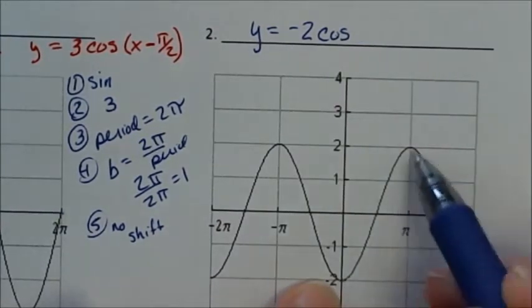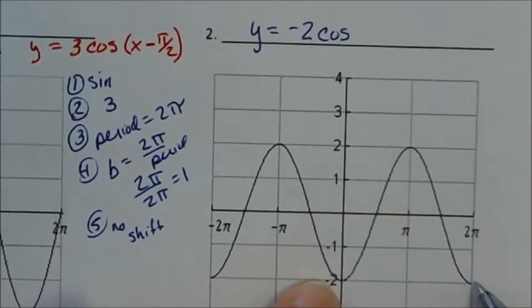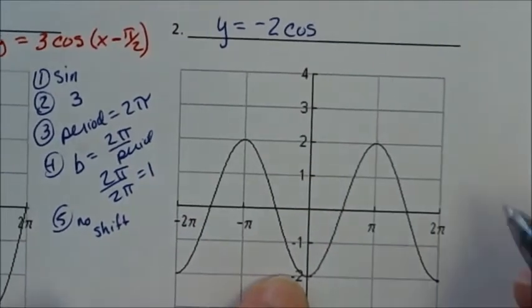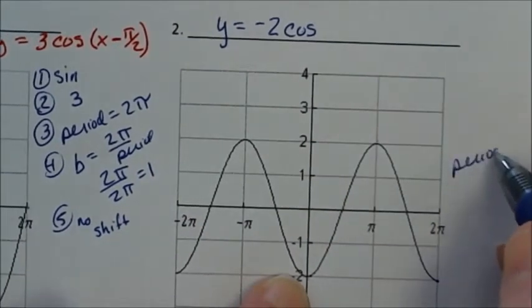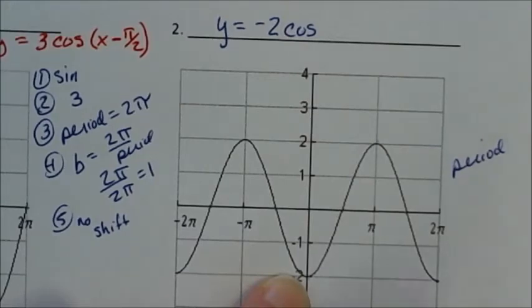And what is the length of one complete curve? Min, 0, max, 0, min. The length is 2 pi. So if the period is 2 pi, again, I like using frequency because the frequency tells me how many complete curves we have from 0 to 2 pi.